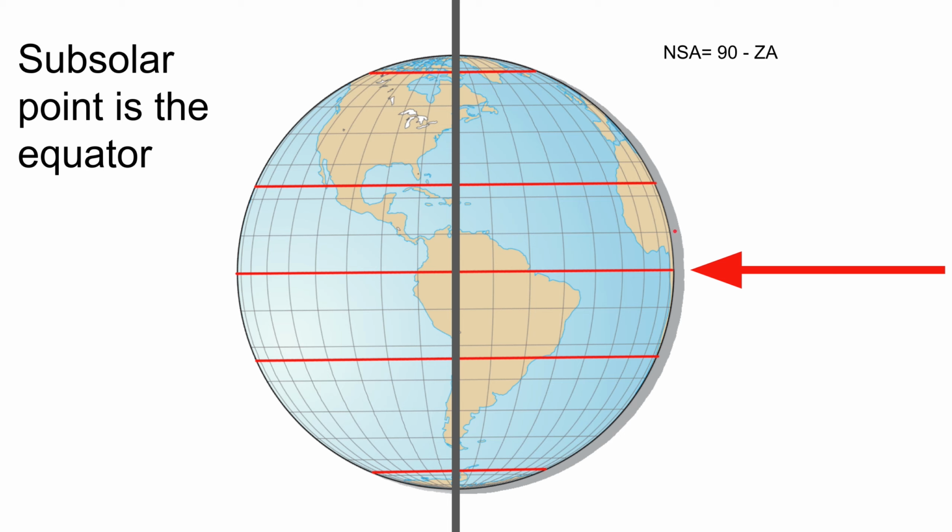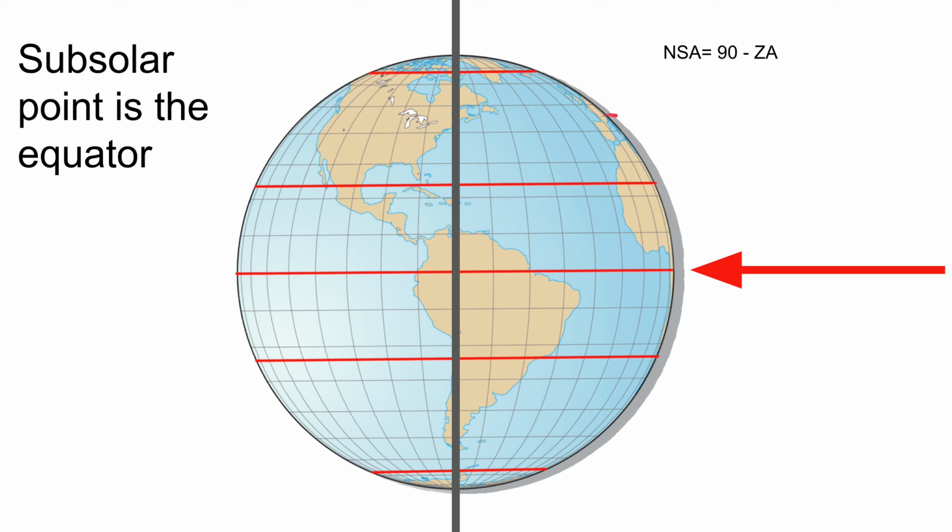For every degree you get away from the subsolar point, the noon sun angle gets away from 90 degrees by 1 degree. So if you were at 10 degrees north, 90 minus 10 is 80, so the sun would be hitting the surface at an 80 degree angle. 70 degrees, 60, 50, at 45 degrees on this day, and it's got to be one of the equinoxes because the subsolar point's over the equator.